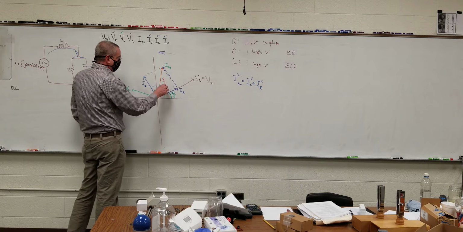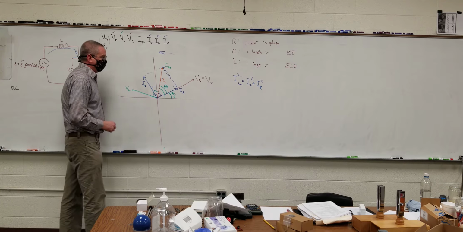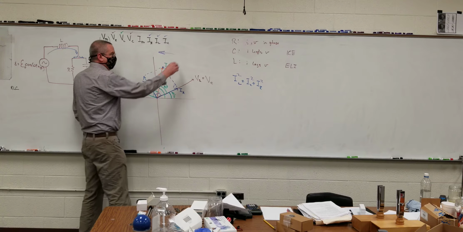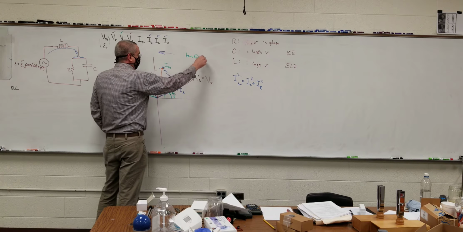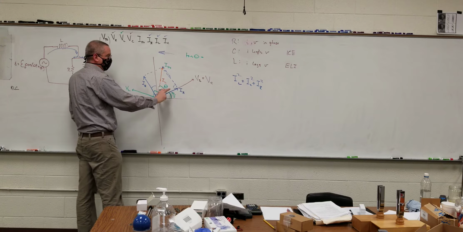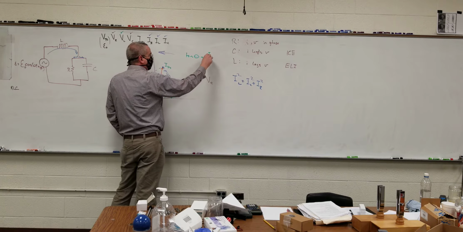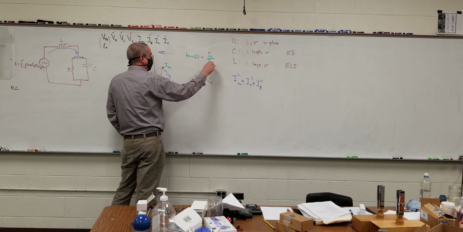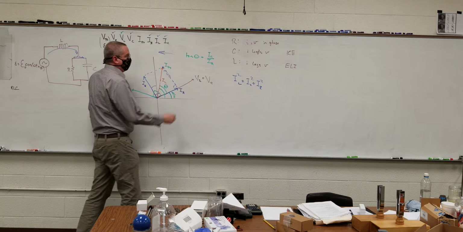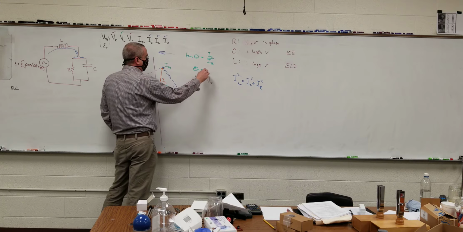Well, this angle I'm just going to call theta. And again, I have a right triangle here. I know the tangent of theta is the opposite over the adjacent, which is IC over IR. And so theta is the arctan.